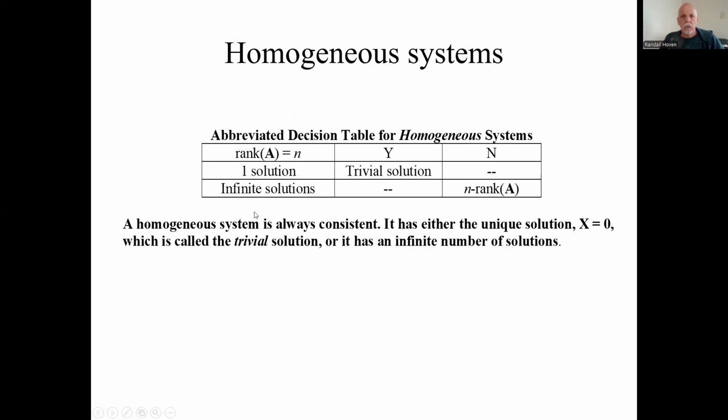If no, you get infinite solutions with this many free variables, n minus the rank of A. A homogeneous system is always consistent. You'll always get a solution, at least the trivial solution, or anything beyond that has an infinite number of solutions. So we can characterize systems of equations: how many solutions and how many free variables.